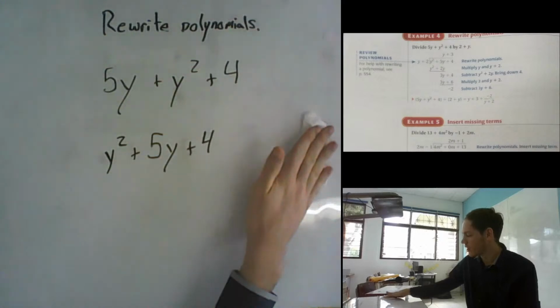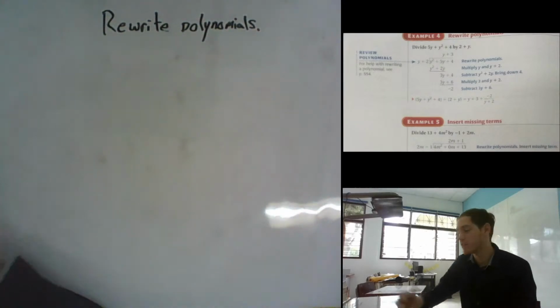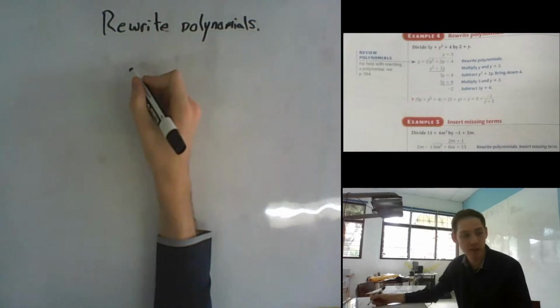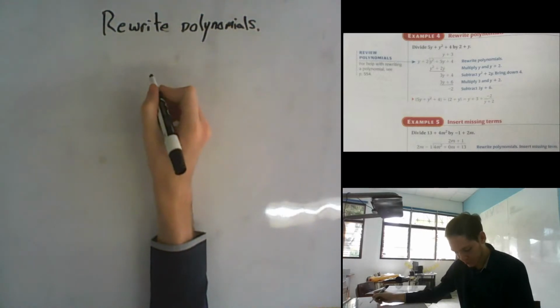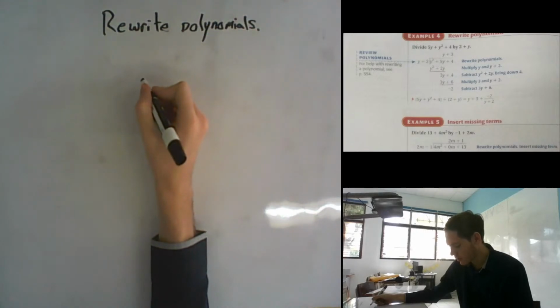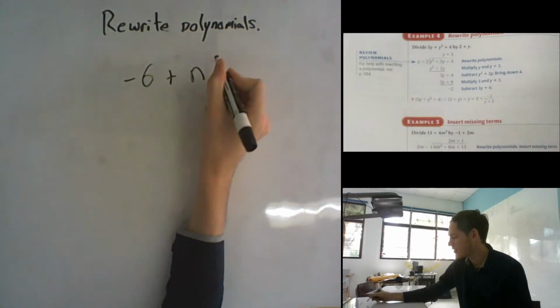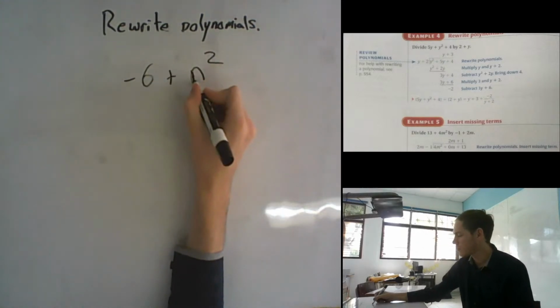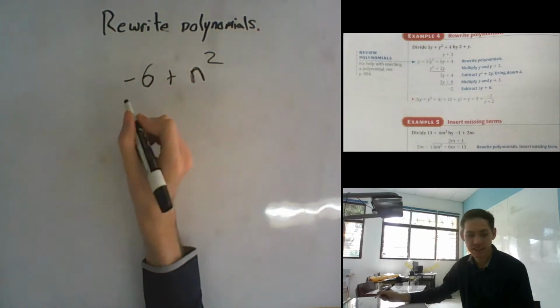Okay. So let's try one more. I'll give you an example of rewriting the polynomial, and you can try it on your own for, let's say, 30 seconds. Let's do -6 plus n squared. Rewrite this polynomial. -6 plus n squared.